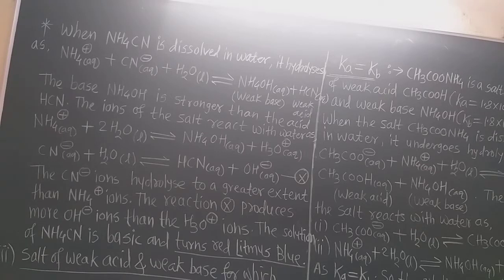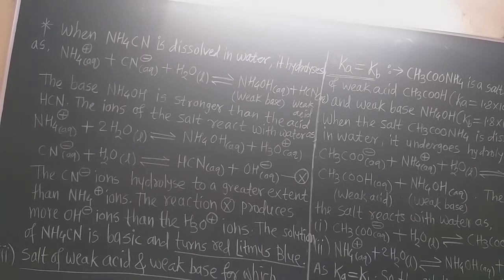Now see here, in this NH4+ plus H2O reaction, there is formation of NH4OH, the weak base, which is stronger than the weak acid, and therefore the NH4+ ions do not undergo as much hydrolysis as the CN- ion.